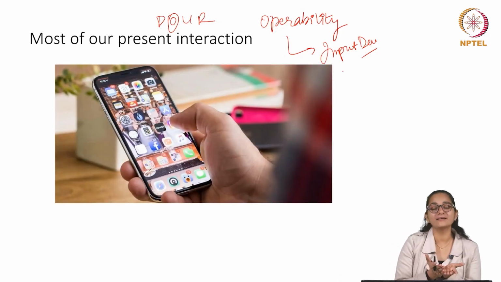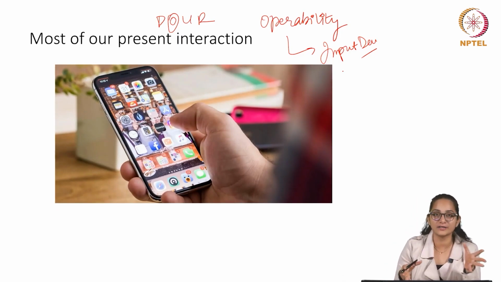Most of our current interaction looks like this only, and we have a screen with a lot of cluttered icons, maybe some background images, and then we are supposed to navigate our way to the app that is needed and press it with our fingers.